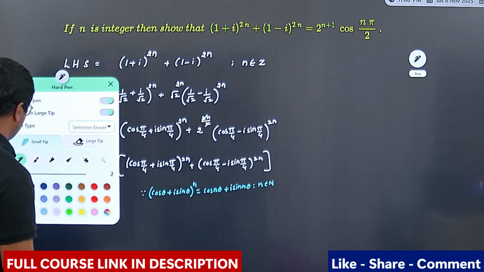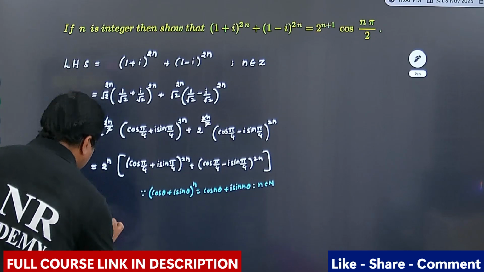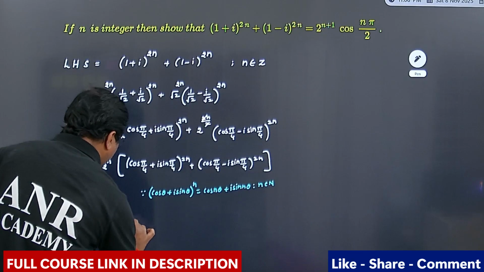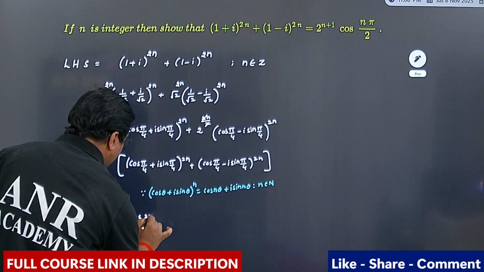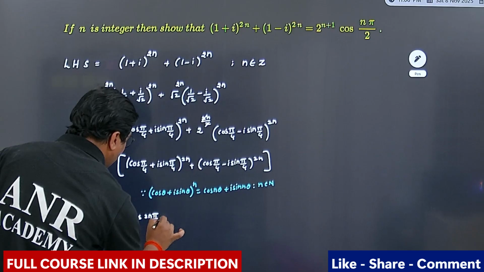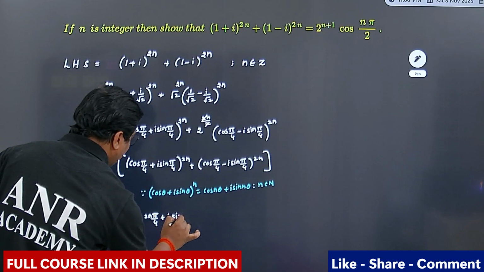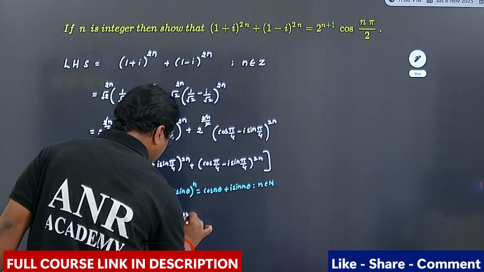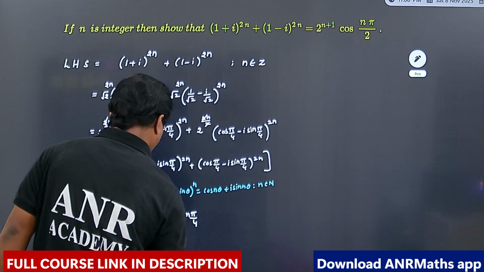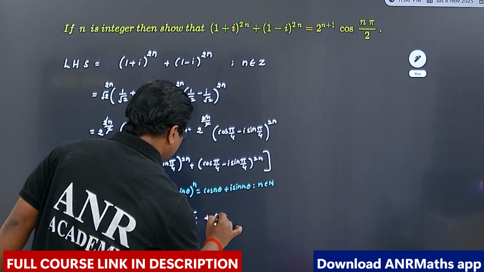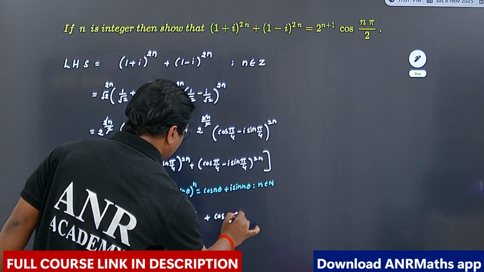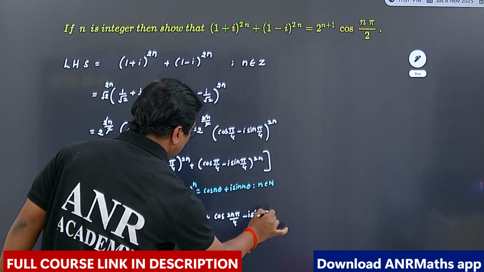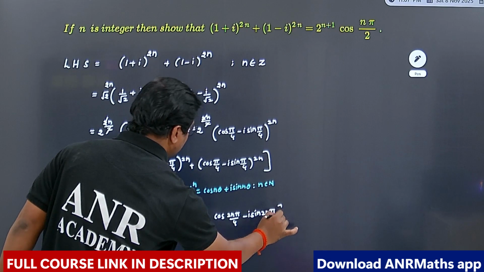Using this, now here I can write, in the next step it is 2 to the power of n. Inside the bracket we get cos of 2n pi by 4 plus i sin of 2n pi by 4, next, plus cos of 2n pi by 4 minus i sin 2n pi by 4 it is.